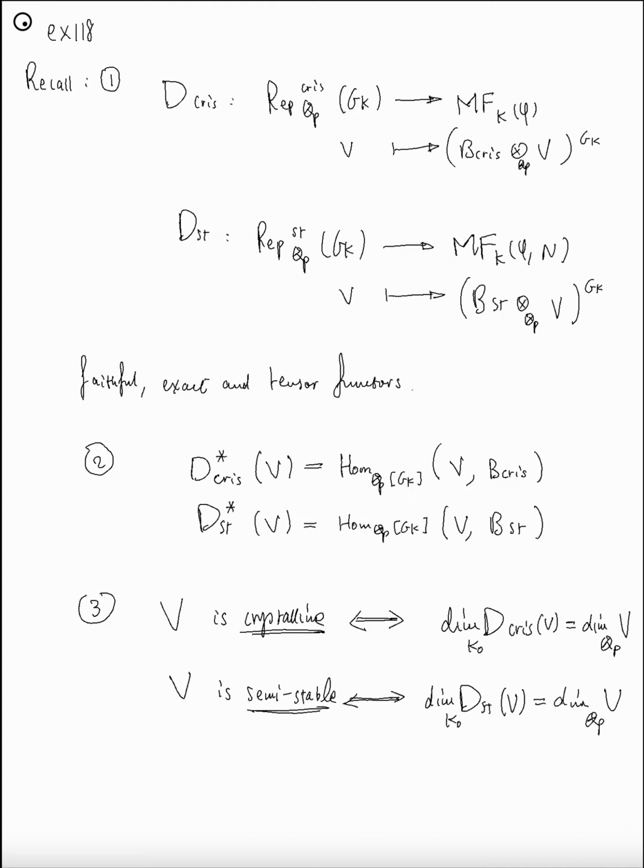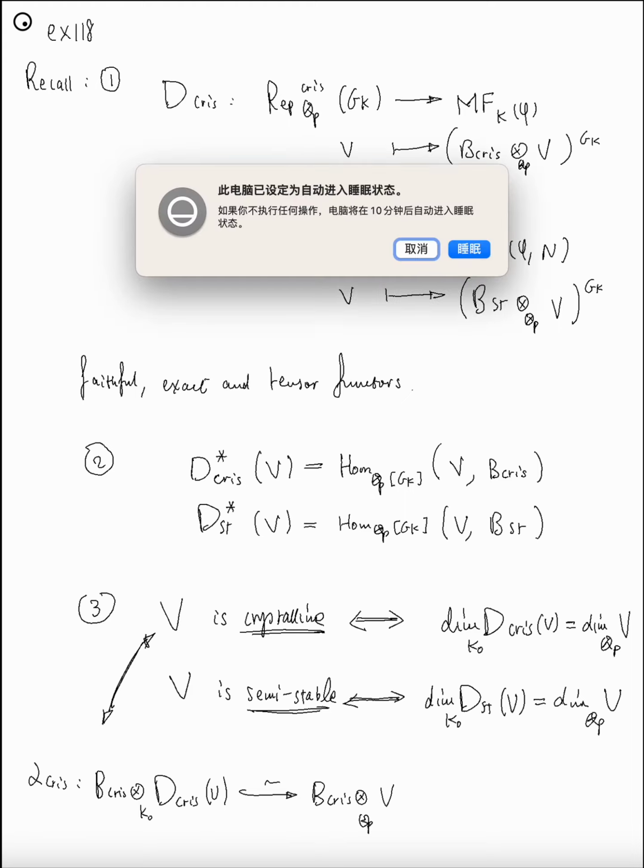This is also equivalent to, respectively, equivalent to this alpha_cris from B_cris tensor D_cris over K_0 to B_cris tensor V, which is always injective, being an isomorphism.